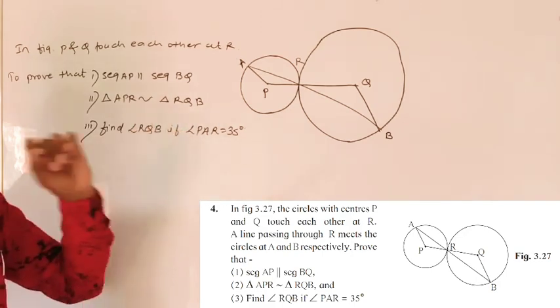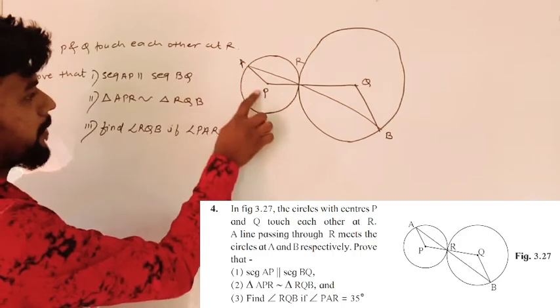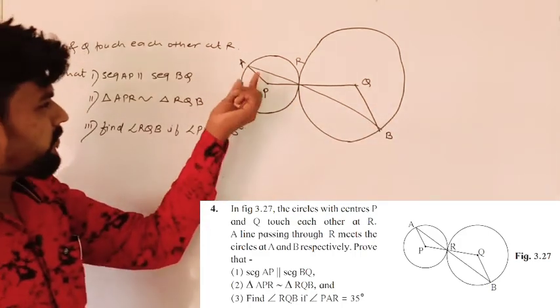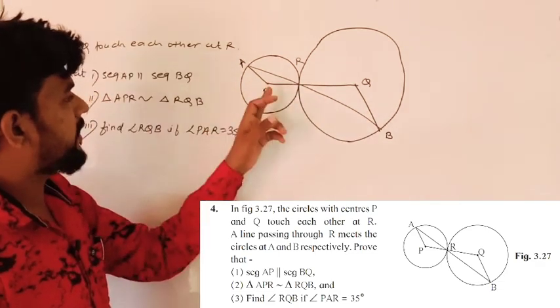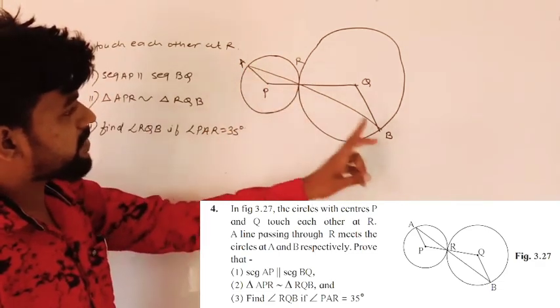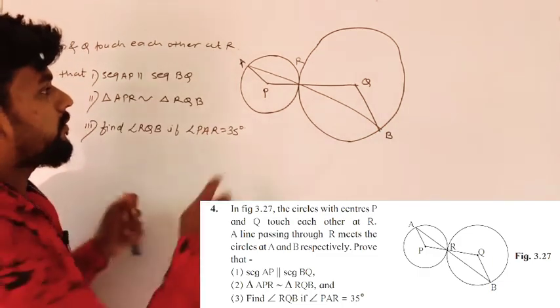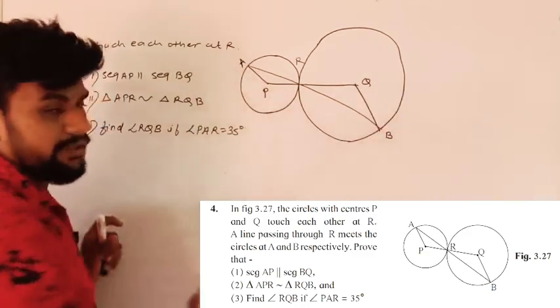So first of all, how do we show that segment AP is parallel to BQ? If we find that angle A is congruent to angle B, then we can easily say that AP is parallel to BQ.